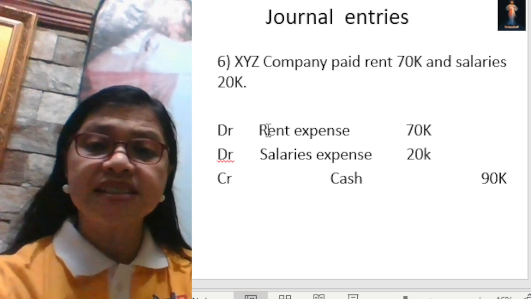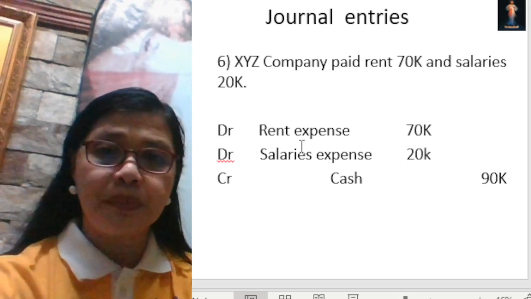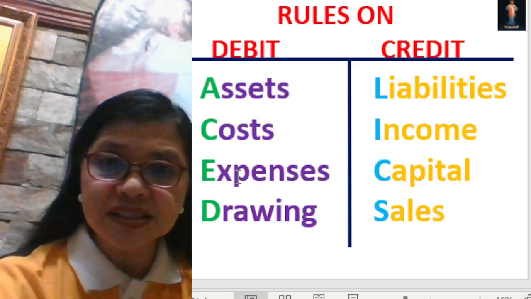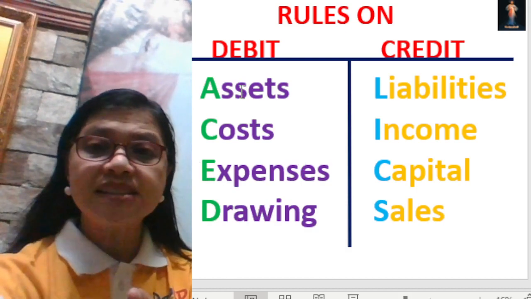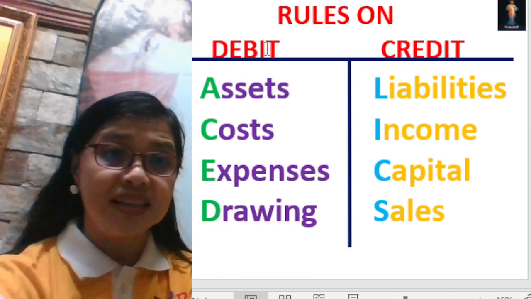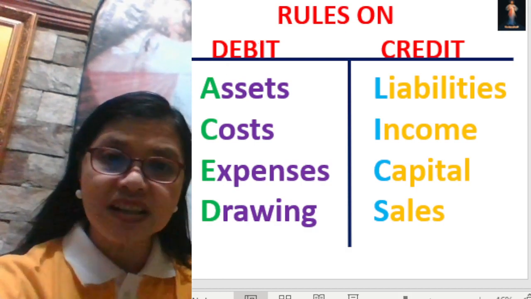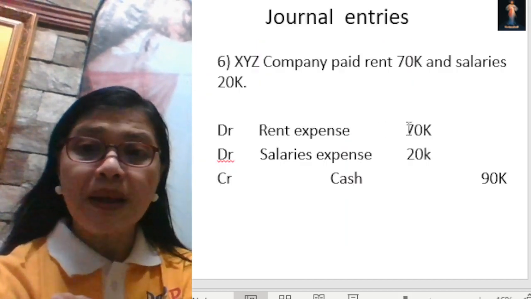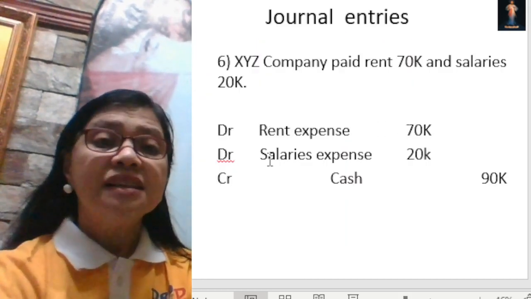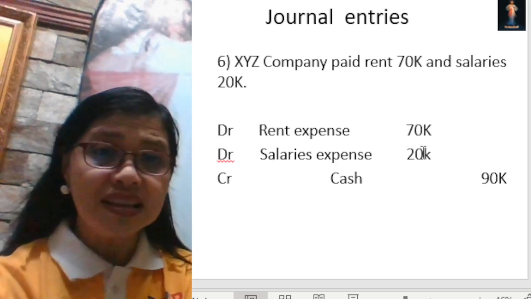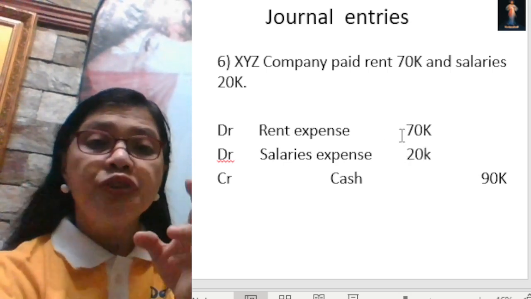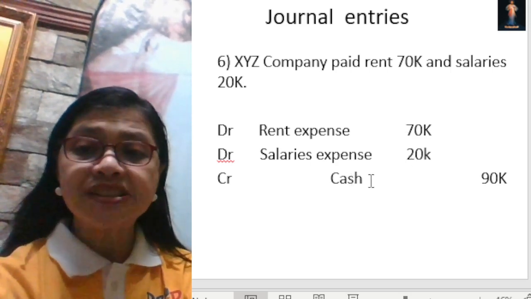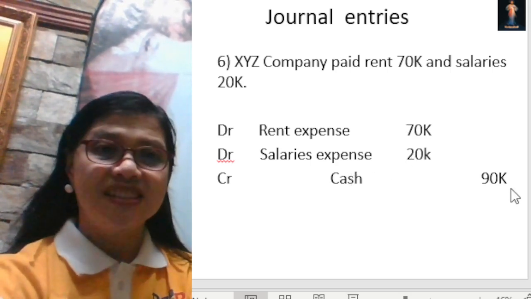And because this is rent expense and salaries expense, we studied earlier that expenses have normal debit balances. Since expenses have normal debit balances, we will debit rent expense by 70,000 and salaries expense by 20,000, and still your debits of 70 plus 20 is equal to your cash credit of 90,000.